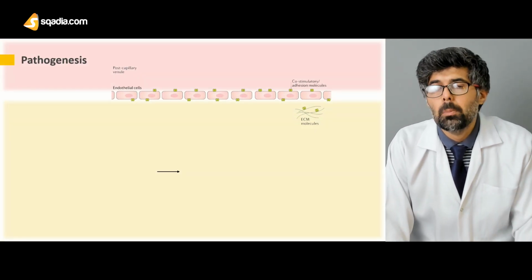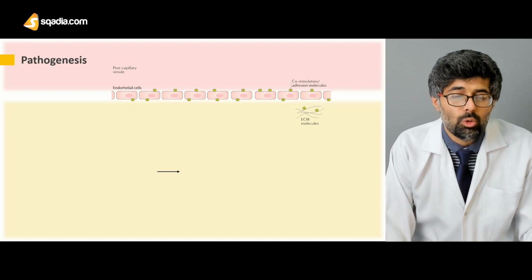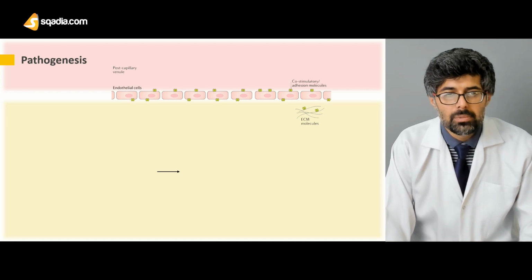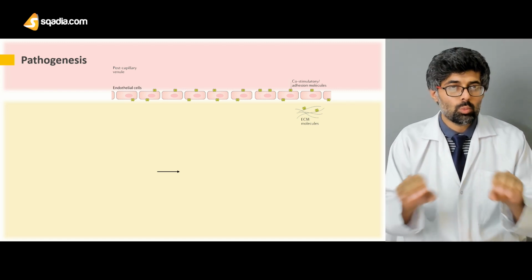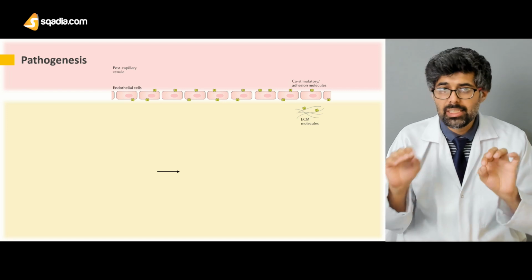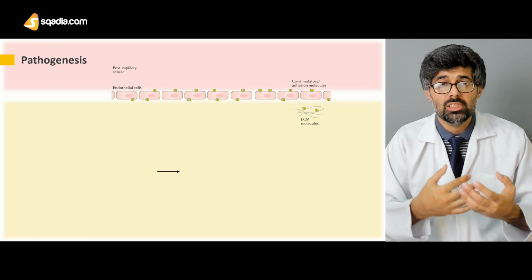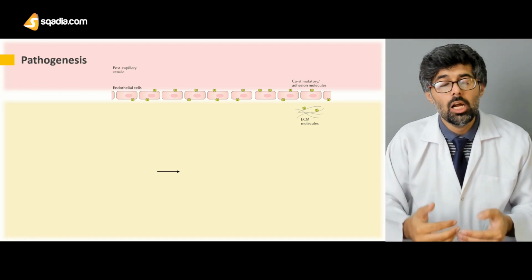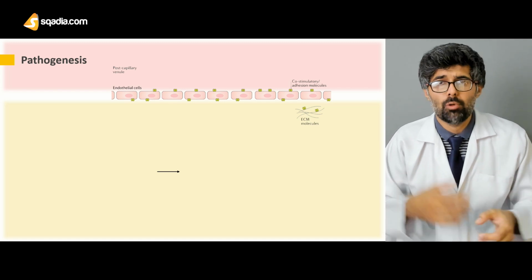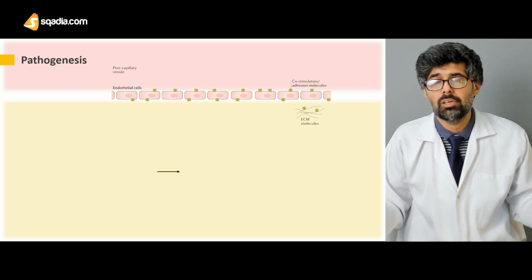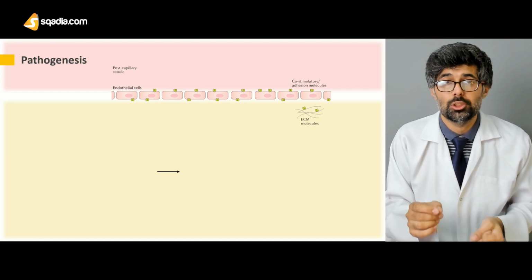Next, we're going to learn about the pathogenesis of psoriatic spondyloarthritis. Now, what happens is that we have the endothelial cell lining. We do not know what the exact inciting event is that causes this cascade of events, but we do know that it is of some autoimmune and autoinflammatory nature, and we do know that it has a genetic predisposition.